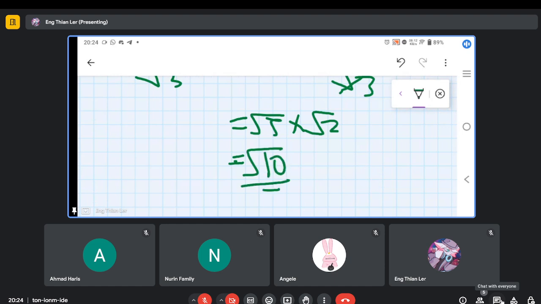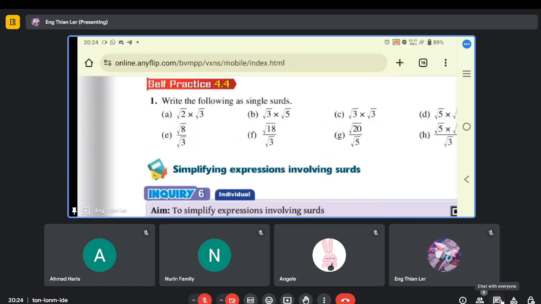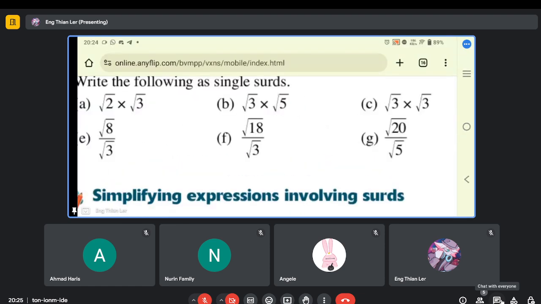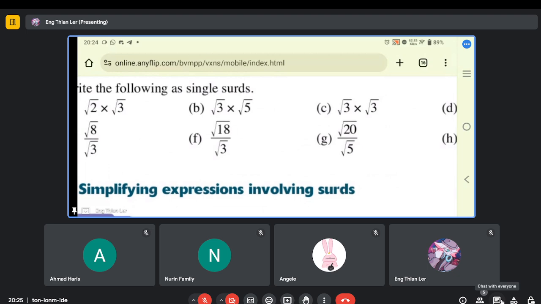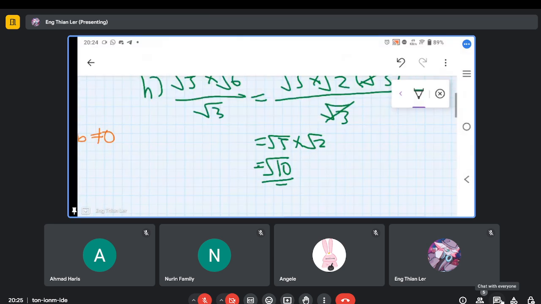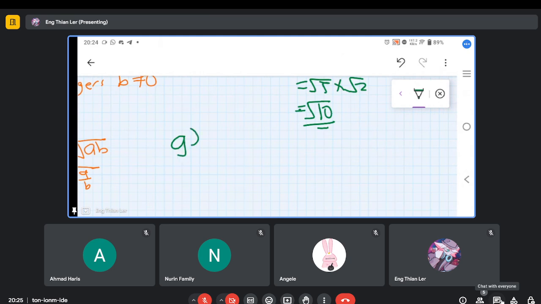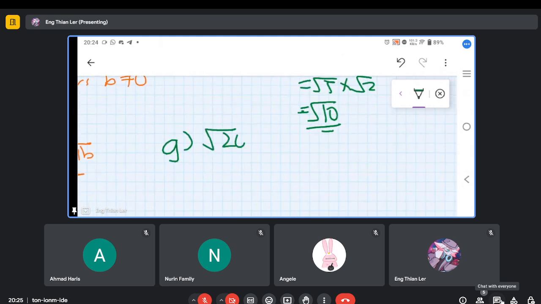I will try to do one more question. Okay, for the G part, let's do the G. So root 20 over root 5, right?